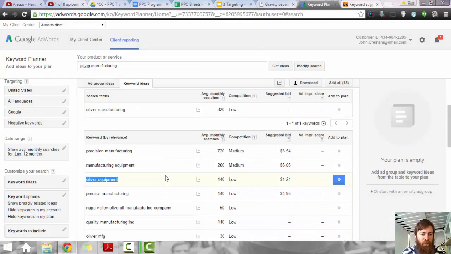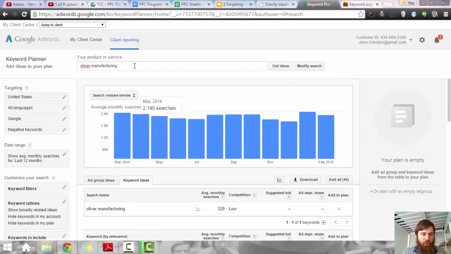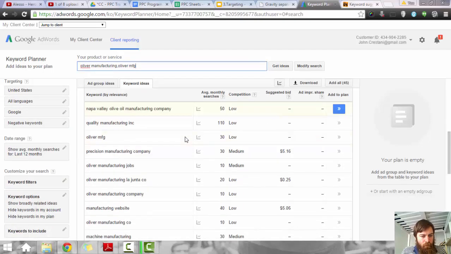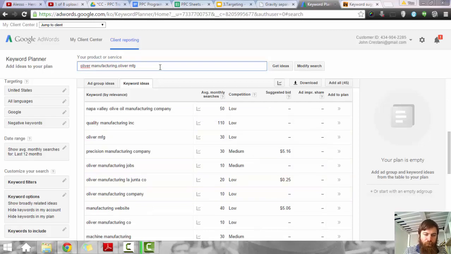Then let's try Oliver Manufacturing. Here's one, Oliver MFG. That's good. Oliver Manufacturing Company. Great. Oliver Manufacturing, La Junta, Colorado.